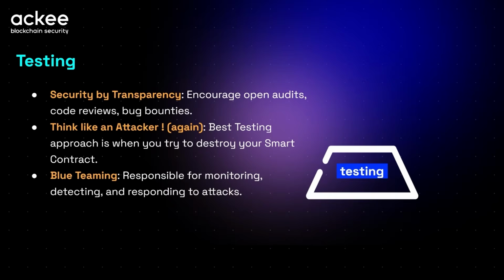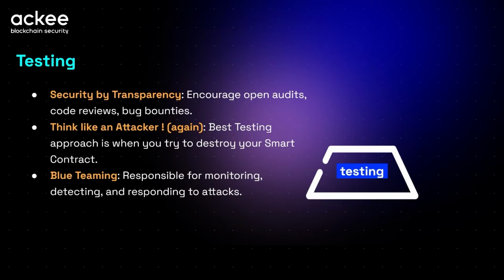The next point is about blue teaming. The blue team is responsible for monitoring, detecting and responding to attacks. This is again a really important part. Test how well you can monitor the behavior of your protocol.